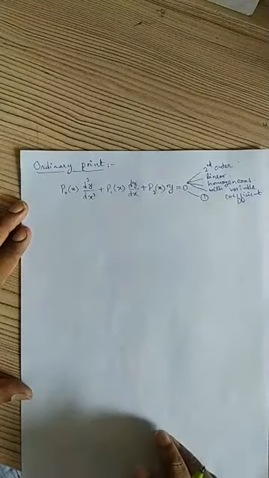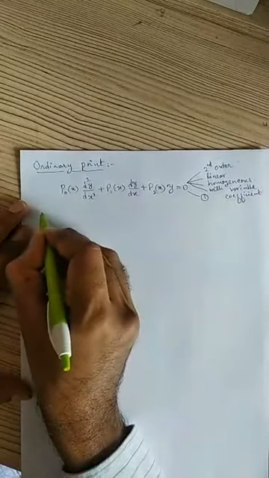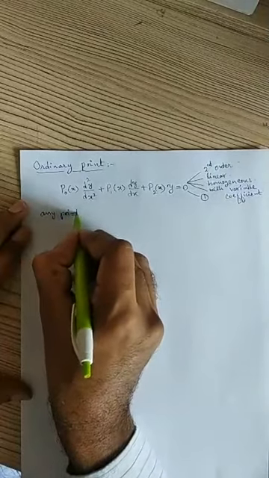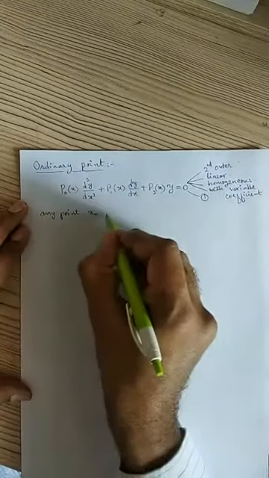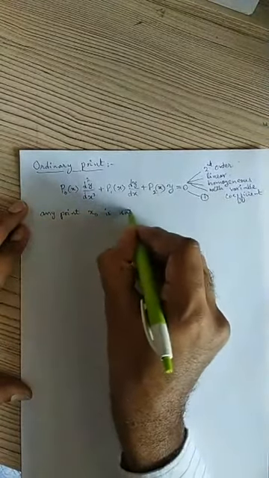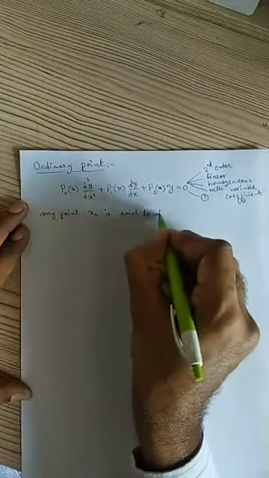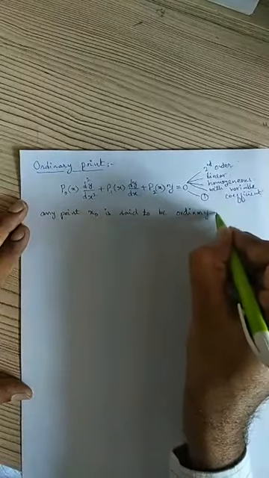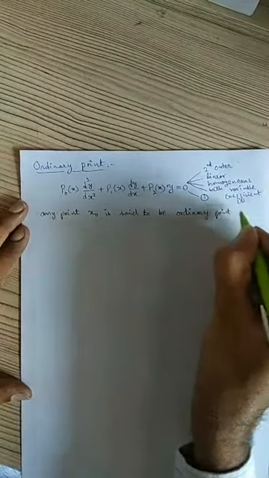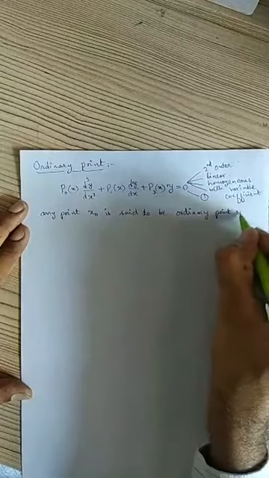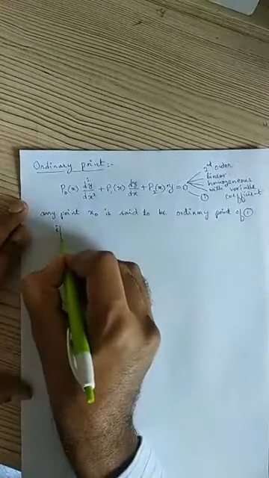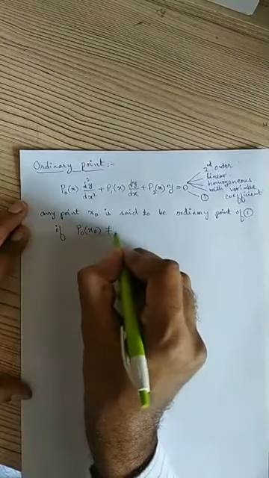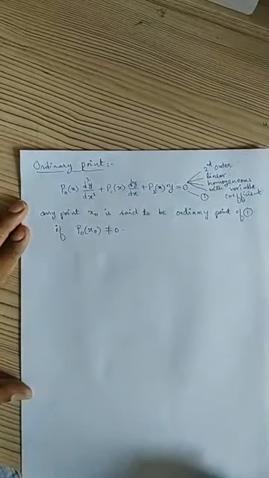Suppose I am having this equation, then any point x naught is said to be an ordinary point of equation 1 if the condition P naught of x naught is not equal to 0 holds.